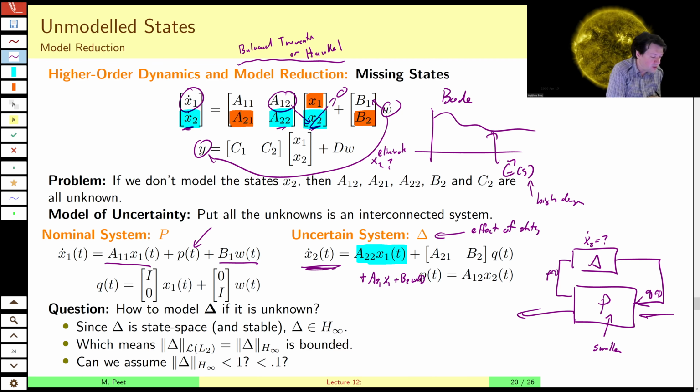Again, there are several ways of doing this. I've chosen one that's not a very efficient representation because it moves more information than it really should. I've chosen to make the output from P this A12 term. So that's this bit right here.